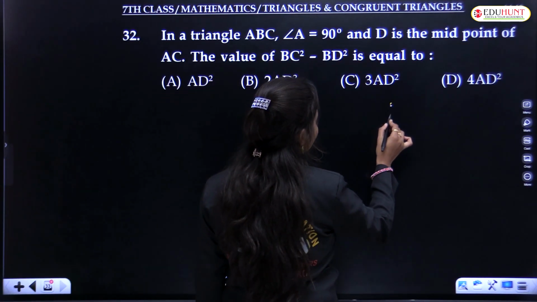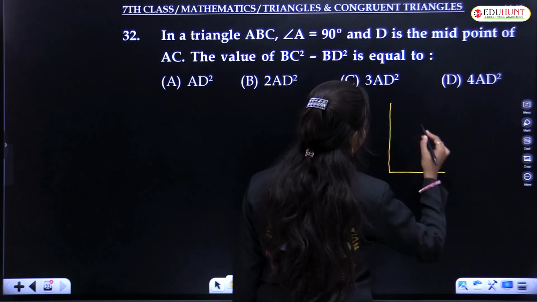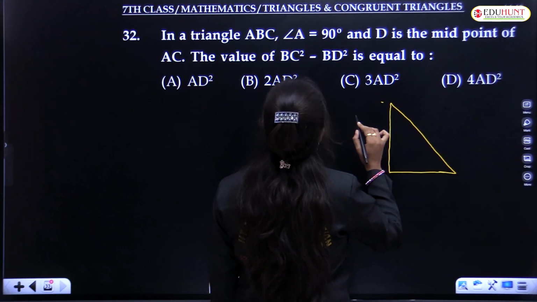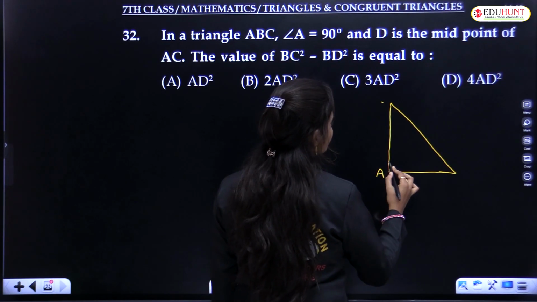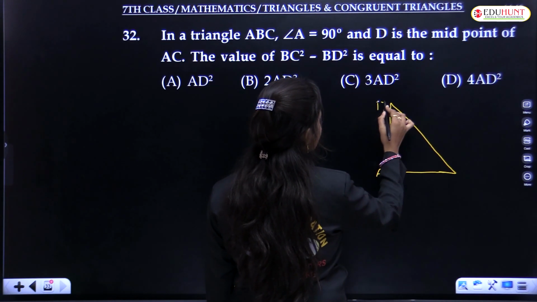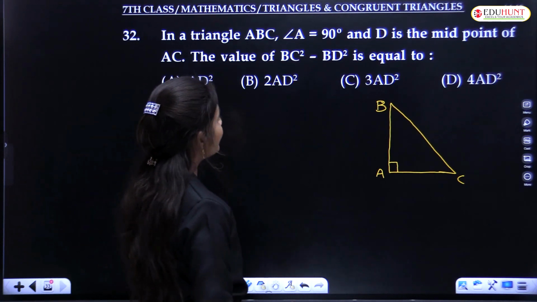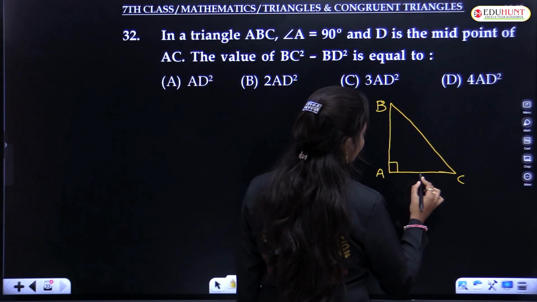That is, in a triangle ABC, angle A is equal to 90 degrees, they are saying. So this is B and this is C. Next, D is the midpoint of AC.